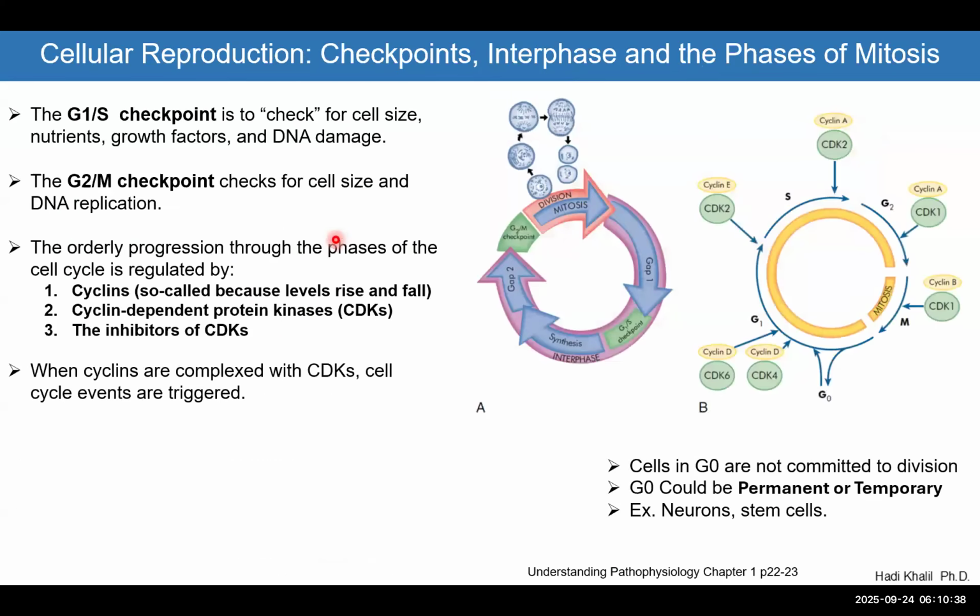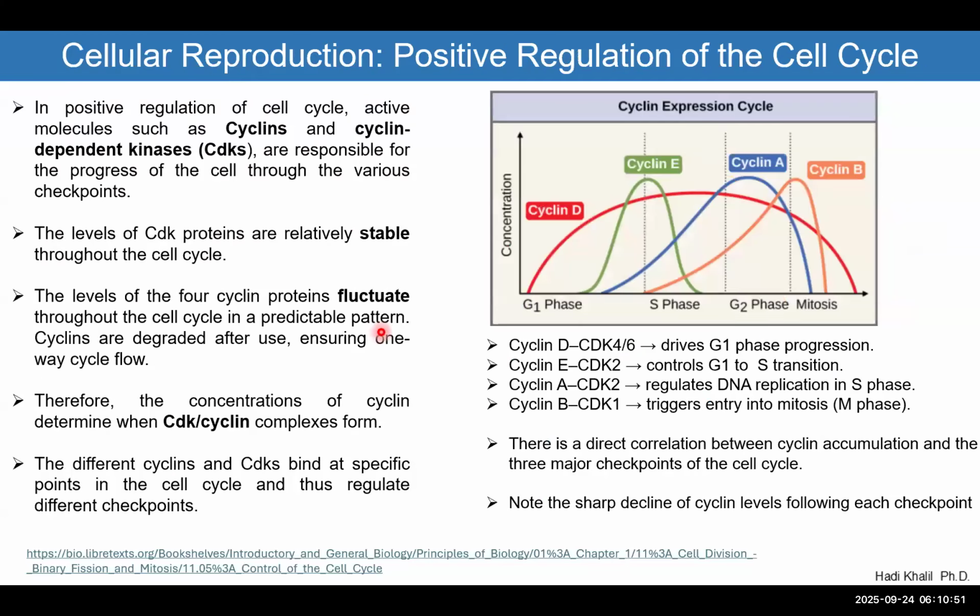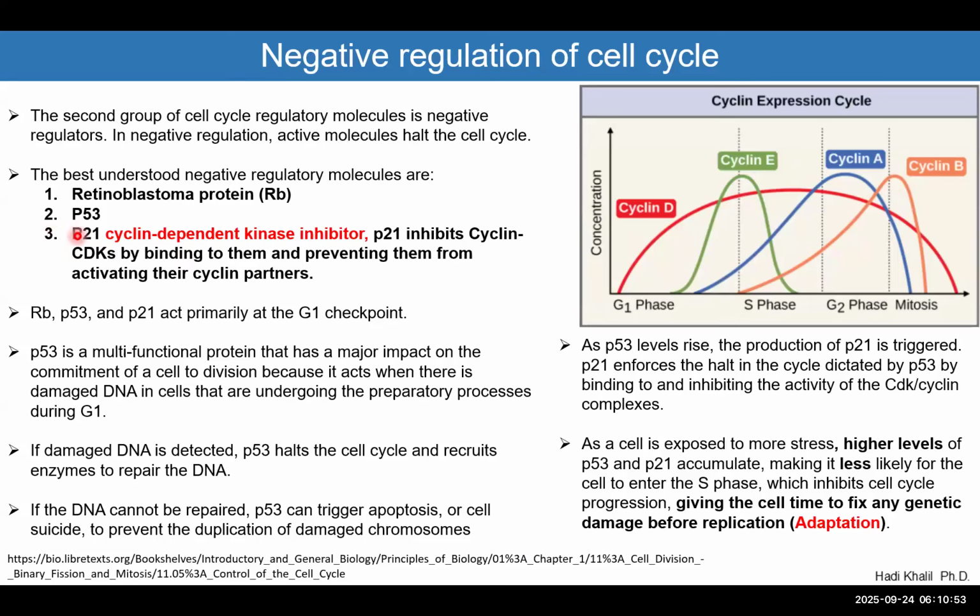Recall in this slide here, I told you that there are some cyclins, kinases for this cyclin, and inhibitors for the second group here. So p21 is an inhibitor for the cyclin-dependent kinases. The p21 inhibits them by binding to them and preventing them from activating their cyclin partners.